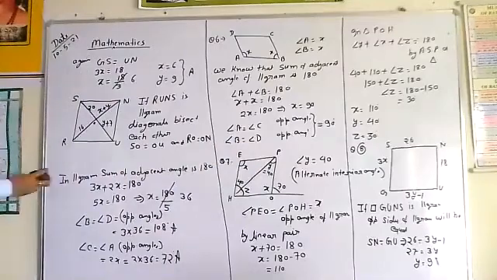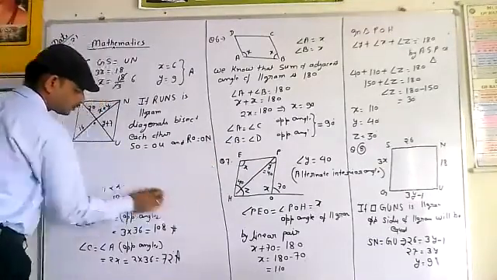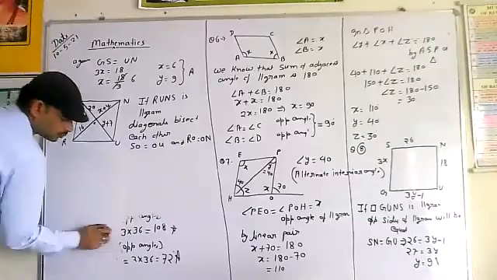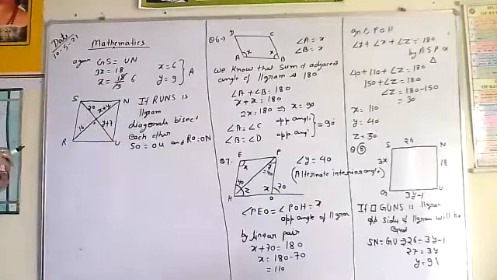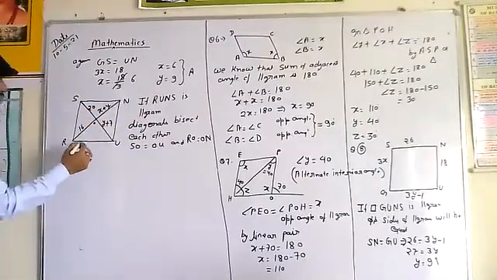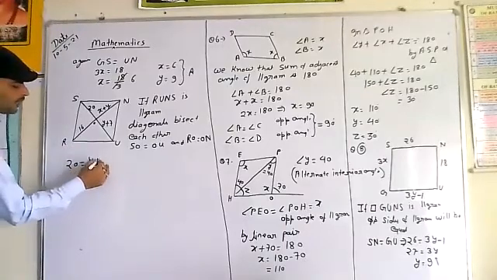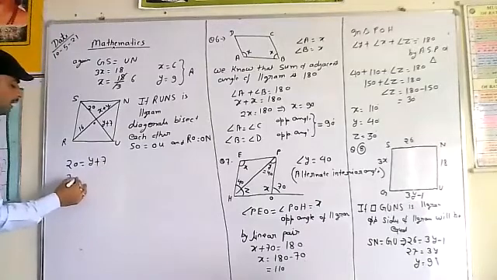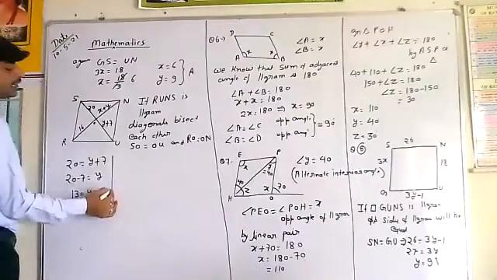Okay? So here SO 20 is equal to y plus 7. 20 minus 7 equal to y, and 13 is equal to y.